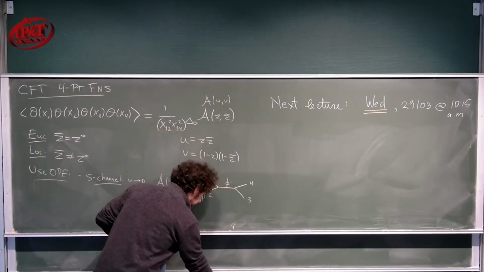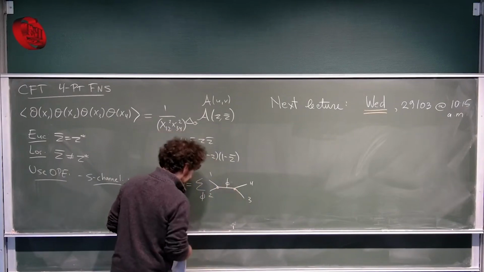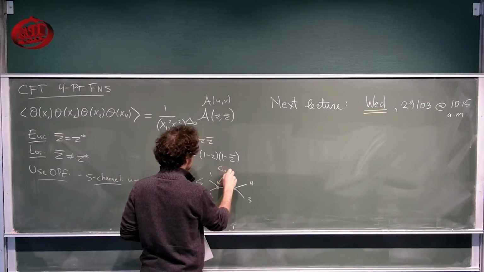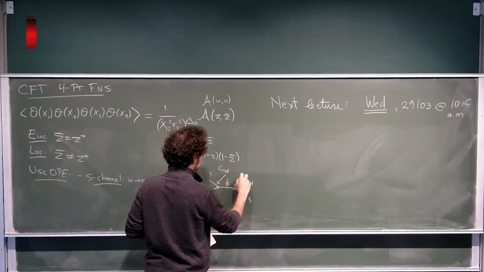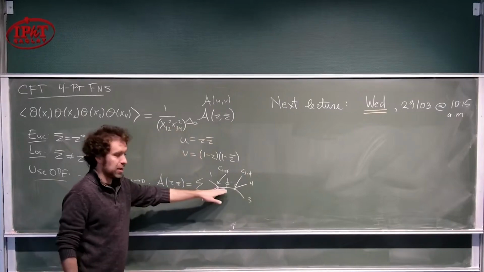And at these vertices sit the important dynamical data, the OPE coefficients, which couple the intermediate operator to the externals.